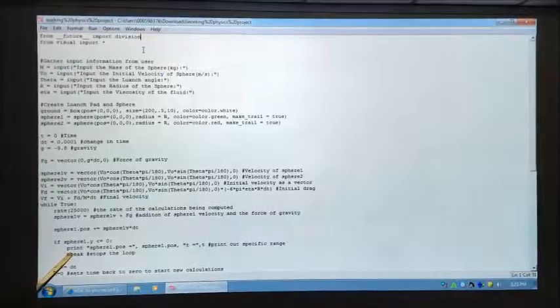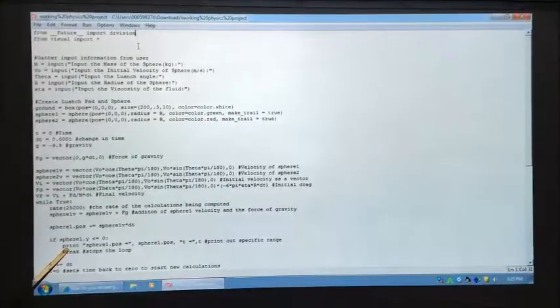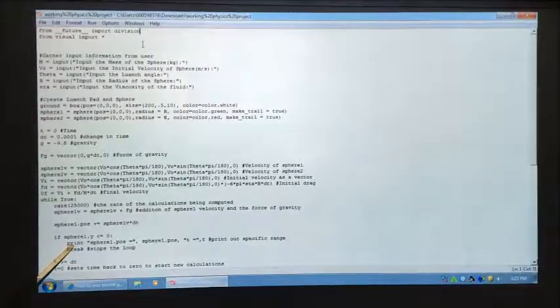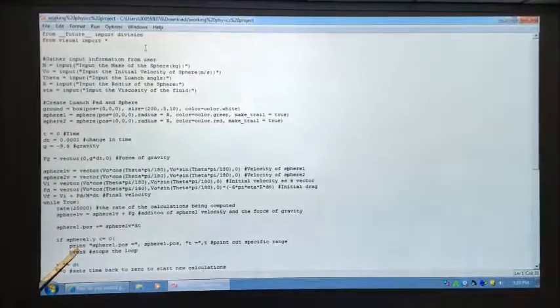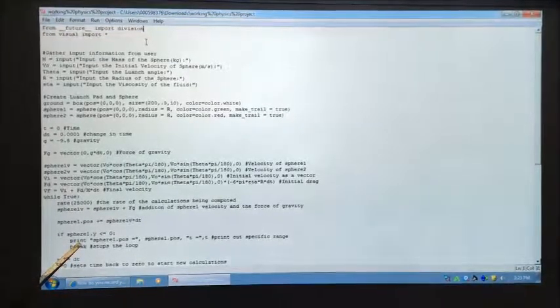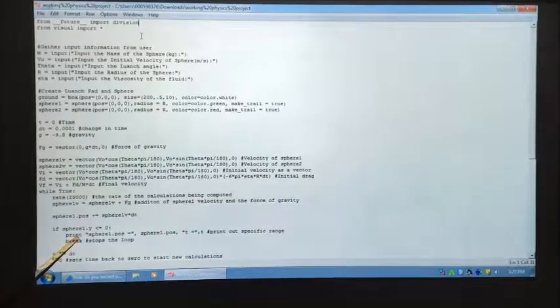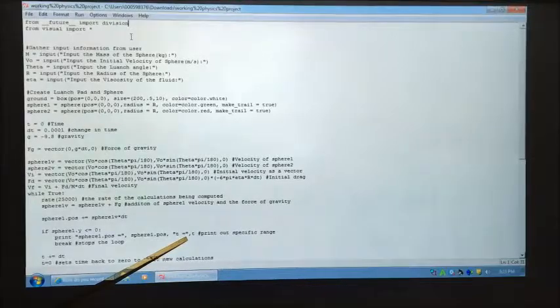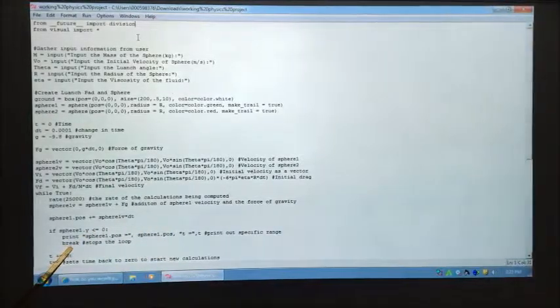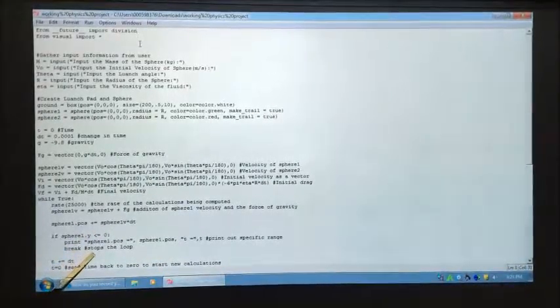And if sphere 1 y is less than 0, the print command will pronounce the specific range and then break, which stops the loop.